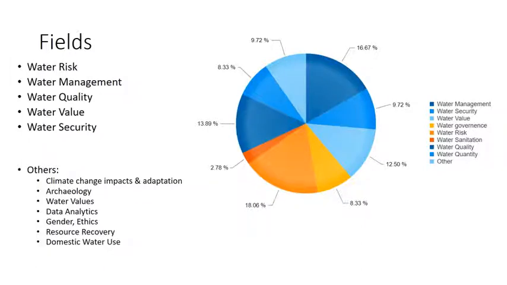People are working in different expertise. The majorities are working in water risk, water management, water quality, water value, and water security. So the platform will focus on these five categories.